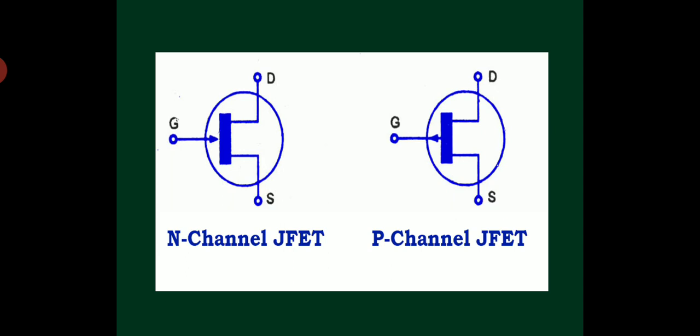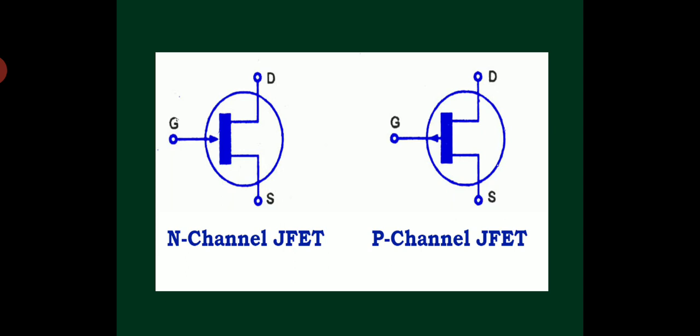BJT is a bipolar device, meaning total current depends on both majority and minority charge carriers, but FET is a unipolar device, so output current depends only on the flow of majority charge carriers.